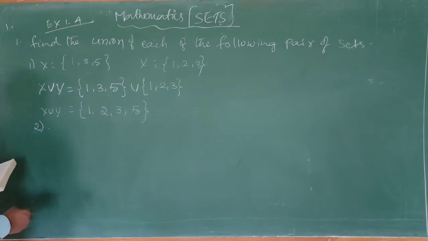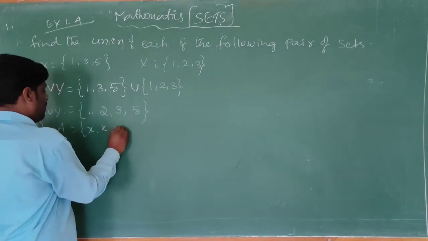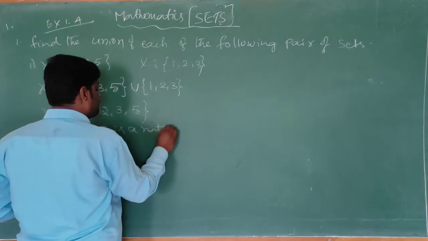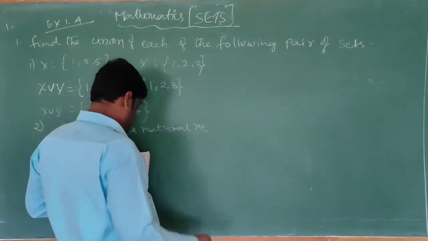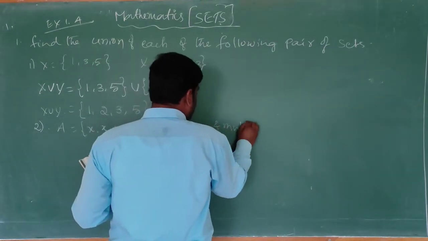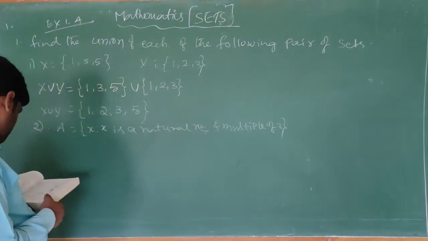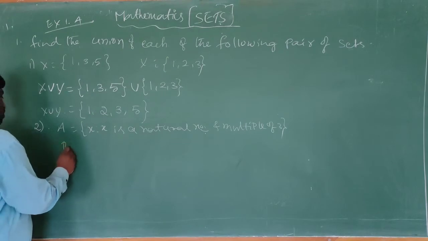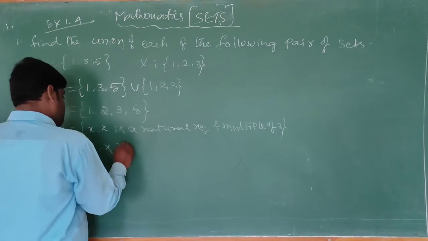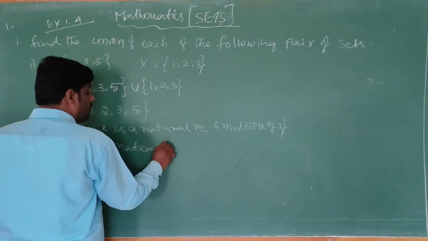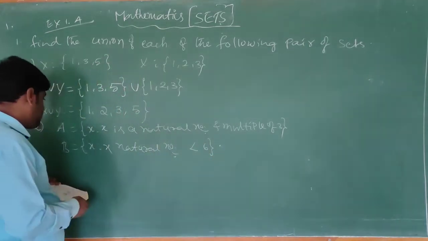Next, second question. A is equal to {x : x is a natural number and a multiple of 3}, B is equal to {x : x is a natural number less than 6}.